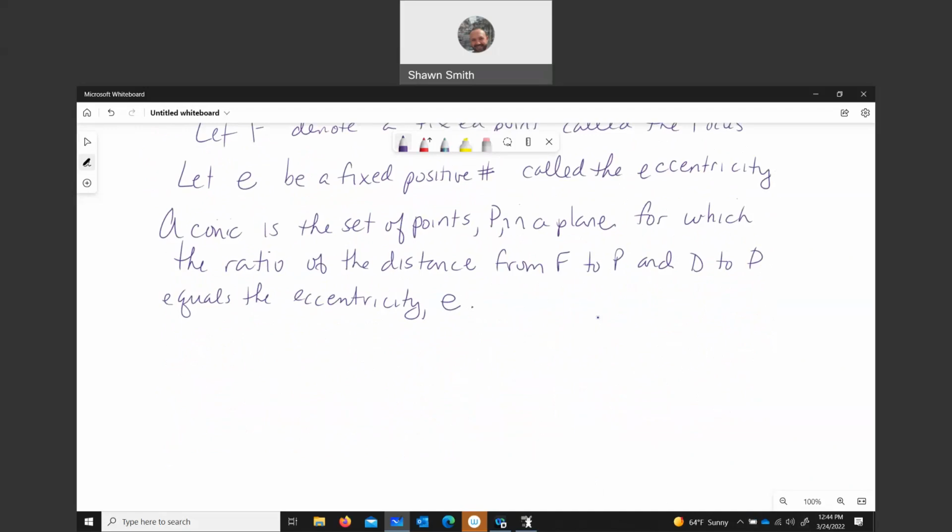All right, so a ratio is a fraction, right? One number compared to another number. So in mathematical notation, we can say the distance from F to P over the distance from D to P is equal to e.